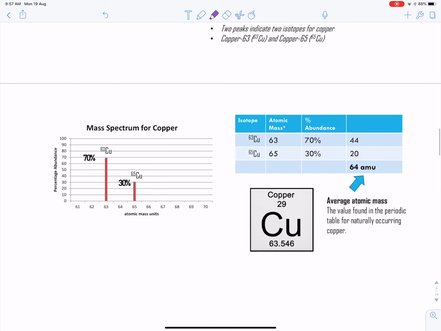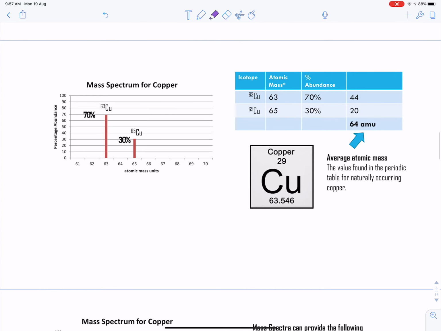Now, for example, here, we can determine the average atomic mass of copper from the mass spectrum. So we list down the two isotopes: copper-63, which has an atomic mass of 63 from the mass spectrum. The abundance is 70%, as we can read from the y-axis.